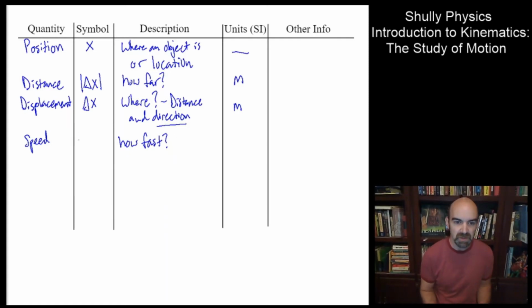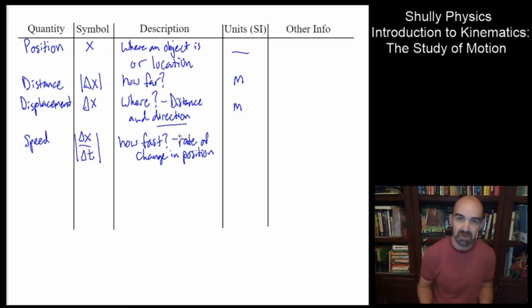So speed is a rate of change in position. How fast? Now again, I'm going to put some bars around this because a speedometer, whether you're going forward or backwards, doesn't tell you what direction you're moving in.